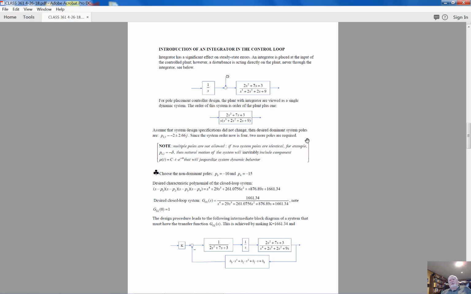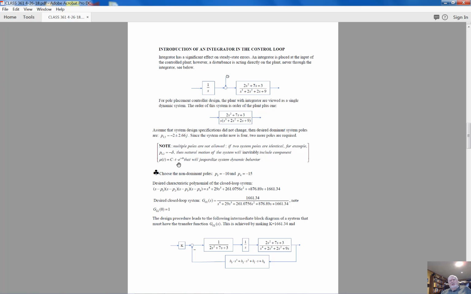Now I have to make a statement of warning. Multiple poles are not allowed. If you introduce multiple poles, and later look at the natural motion terms, you will have something like this. You know what it is?